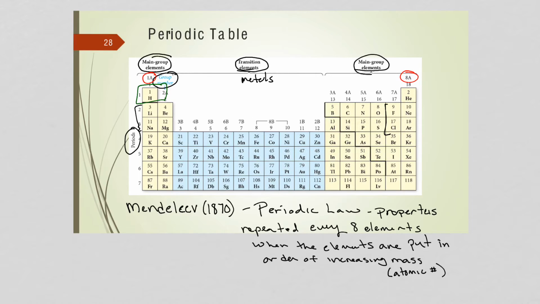Now, if we continue to look at this, there's some other vocabulary that we should look at. Some of these groups have specific names. We'll look at group 1A here. These are what's called the alkali metals.